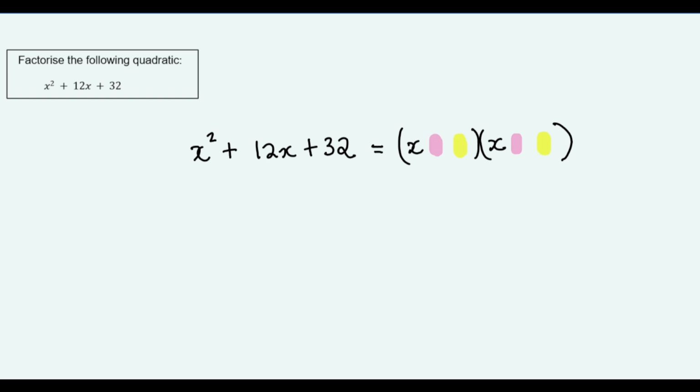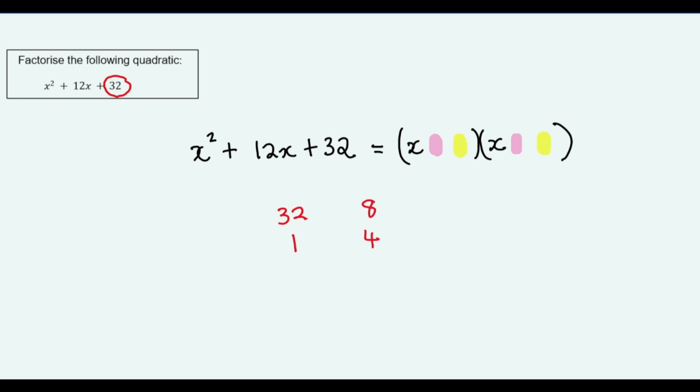Okay, we start by looking at the number you are given here. We have 32. Now, you need to write down the factors of 32, which is 32 and 1. We can have 4 and 8.